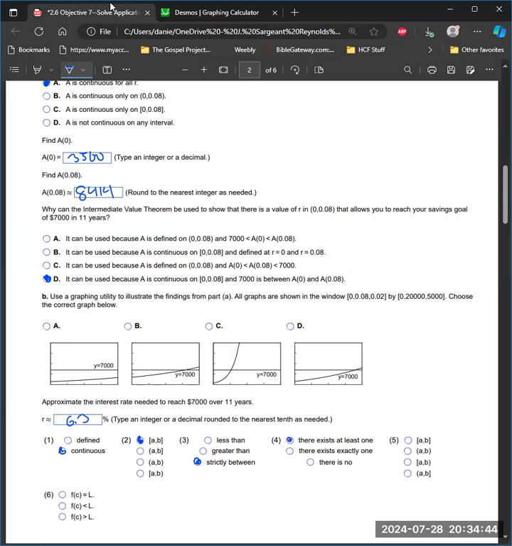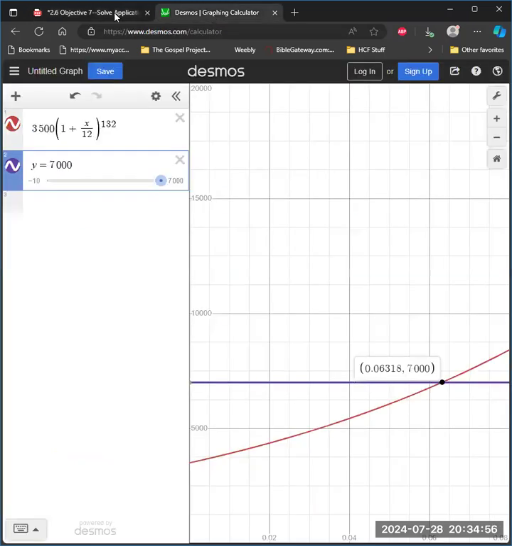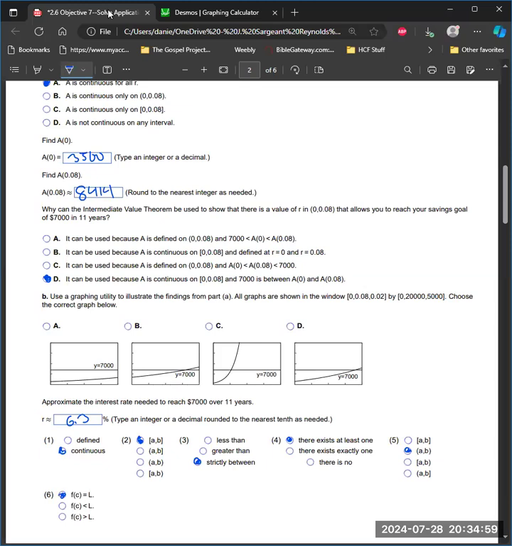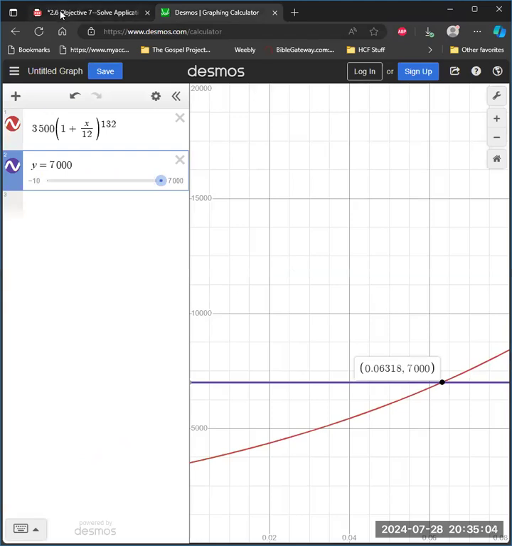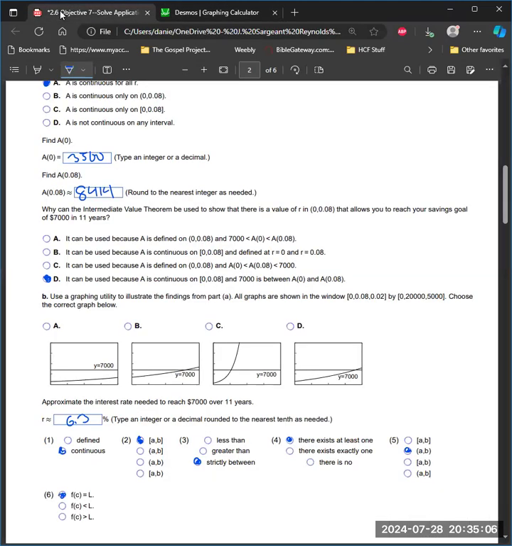There exists at least one c on the open interval A to B, f of c equals L. And this was, sorry, which one was this? That looks like B. All right.